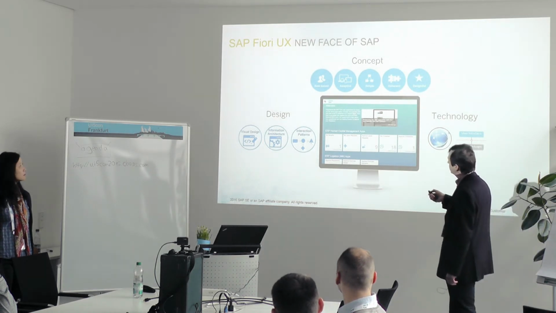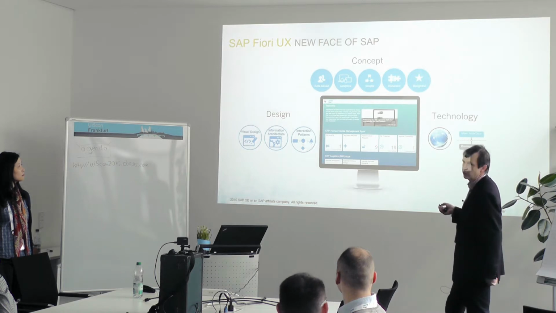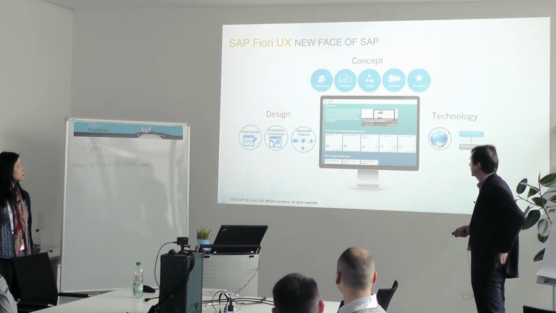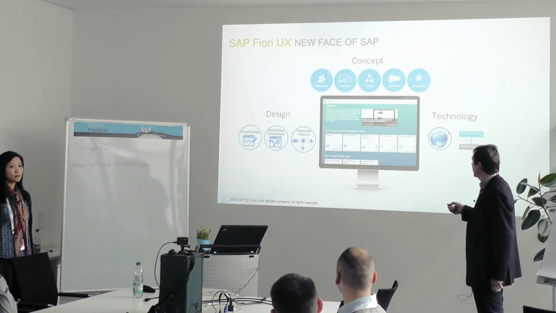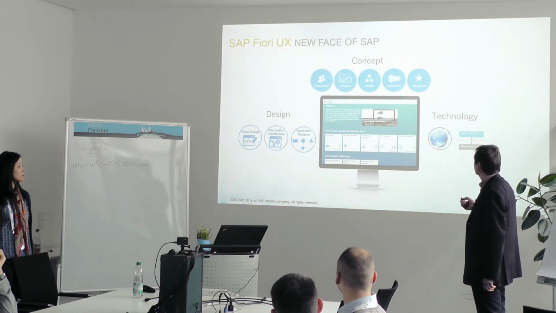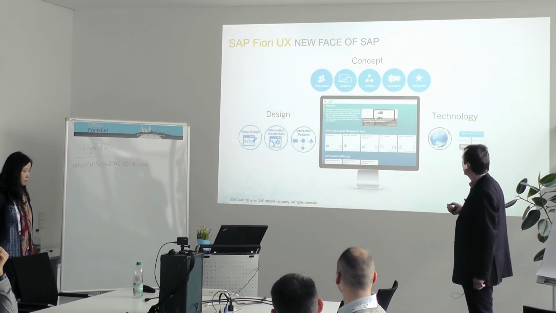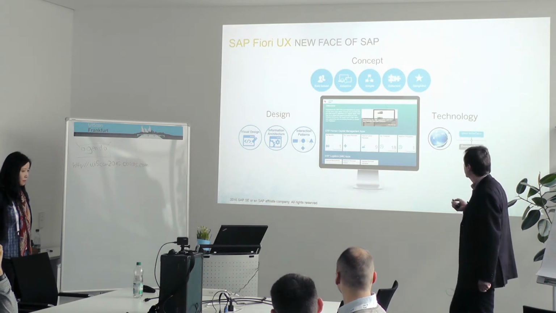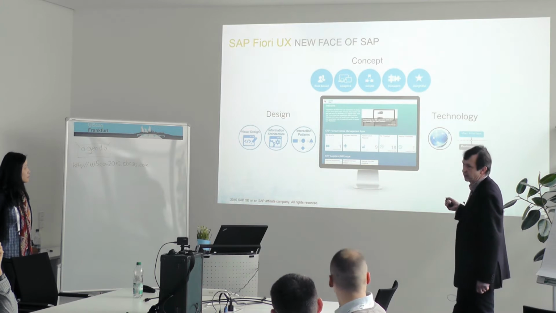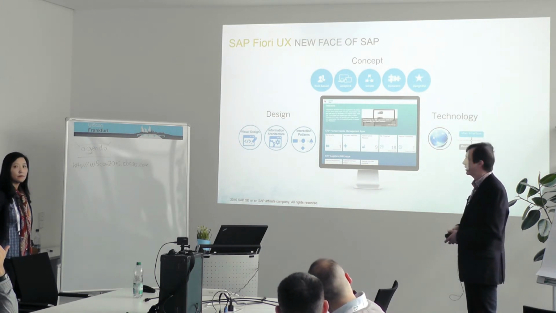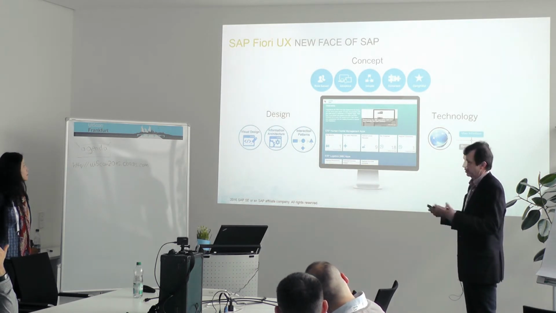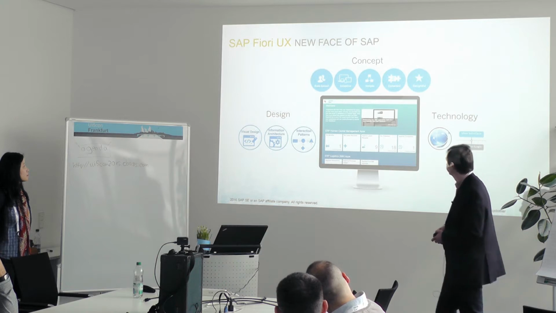And here we see the launchpad, the SAP Fiori launchpad, which is the entrance to the system for a business user, where he sees the applications he needs to use for his job, grouped into various areas. He can also do a certain amount of configuration here: change the layout, change the applications. He could even change it to the high contrast black mode if he's visually impaired and needs something easier to read.